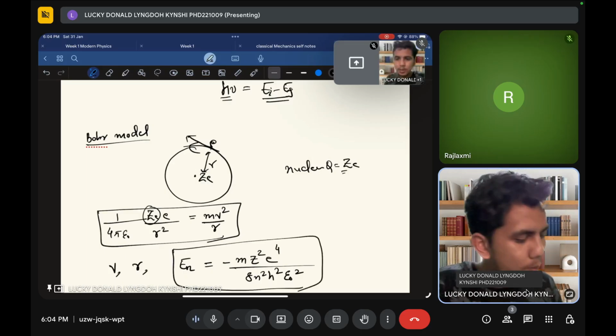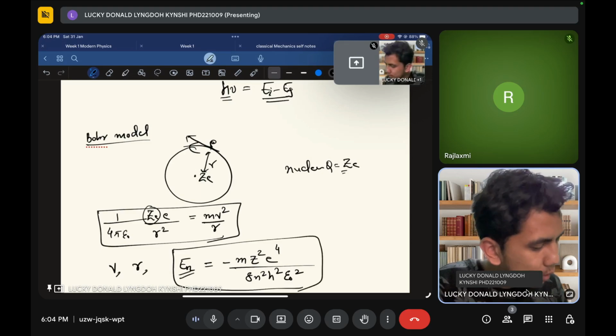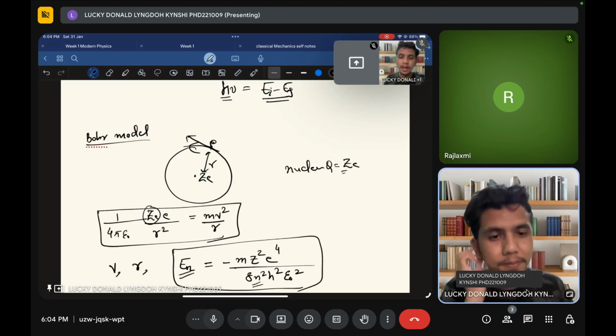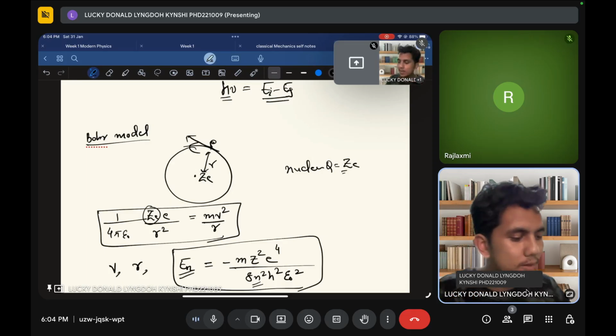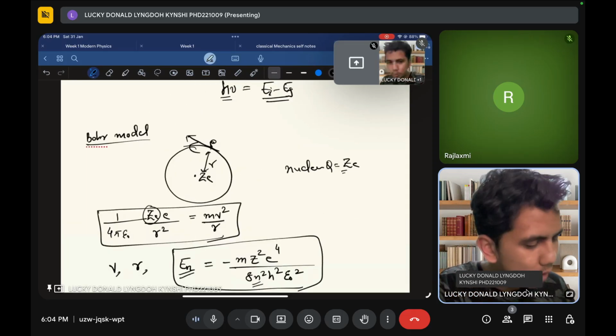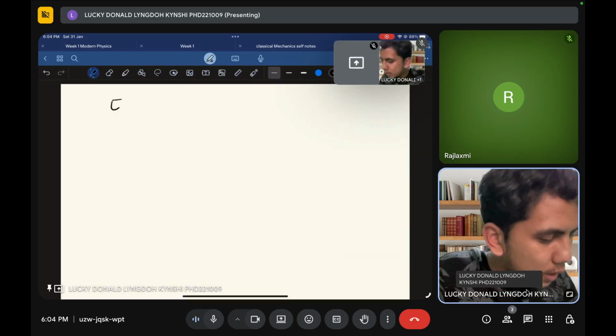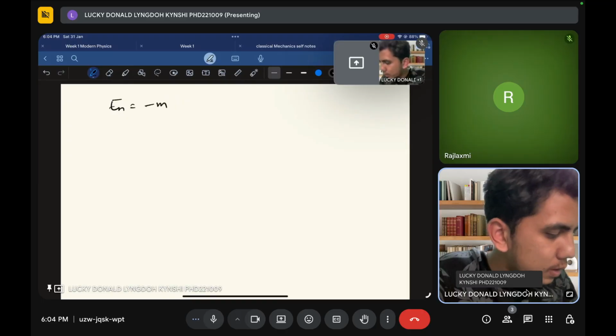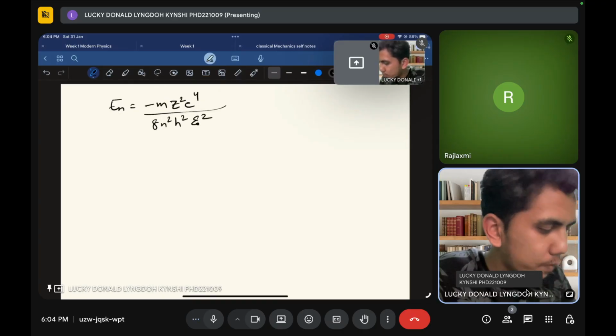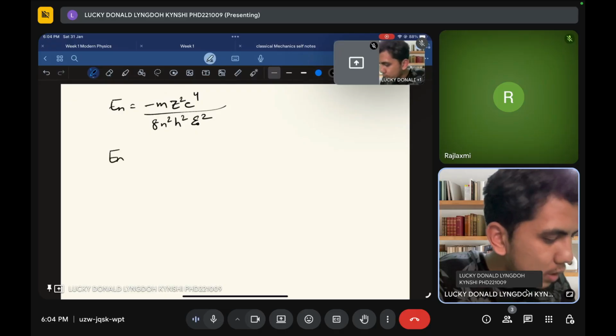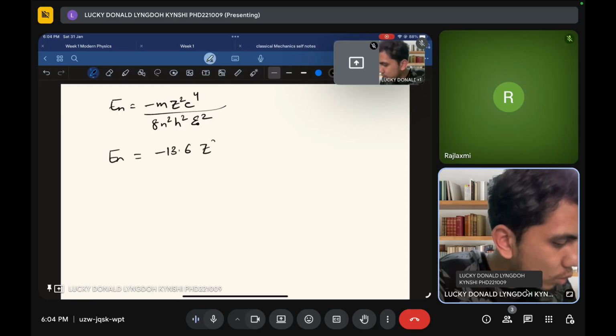So this is very, very important because your energy En depends on the quantum number n, right? So that means it's always a quantized value. If you solve, En is equal to minus of m Z square e to the power 4 divided by 8 n square h square epsilon square. If you solve this value, this is equal to minus of 13.6 Z square by n square.